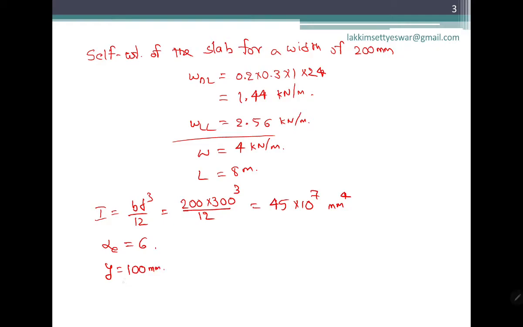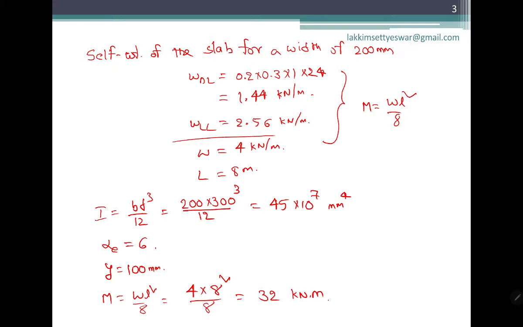Let's calculate the bending moment due to these loads. So M is equal to WL square by 8, which is 4 into 8 square divided by 8. That value comes around 32 kilonewton meter.